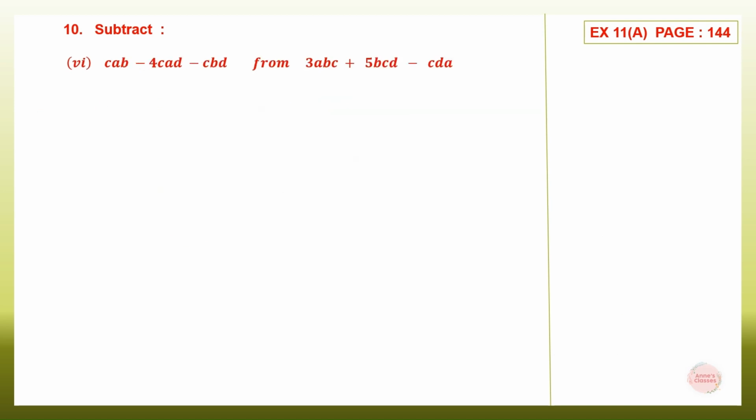Question 6. So here again we have to subtract this polynomial from this. So let's write this one first. So that will be 3abc plus 5bcd minus cda. Now subtract the other one from it: cab minus 4cad minus cbd.